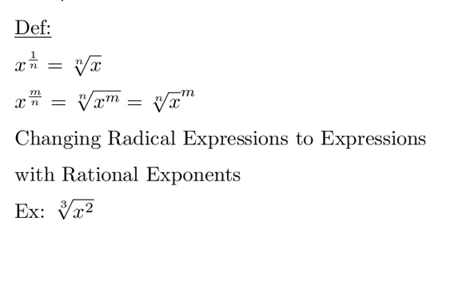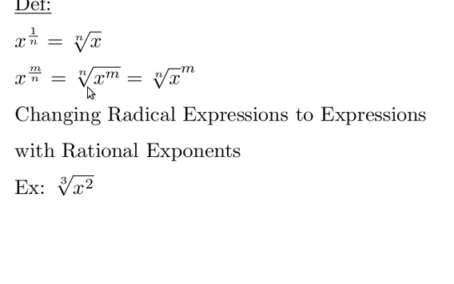So let's say, for a very easy example, we have the third root of x to the power of 2. Well, this is exactly like this, it's just that we have a 2 instead of an m and a 3 instead of an n.